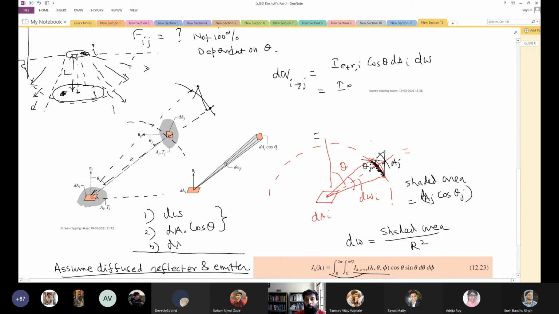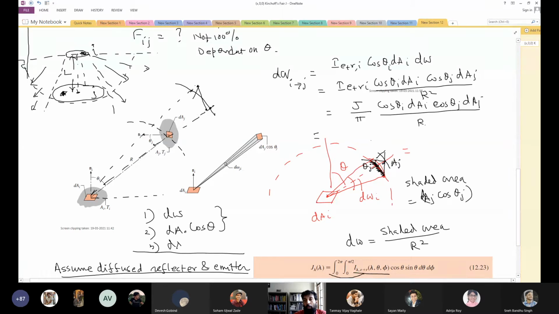Then we wrote dAi, d omega, which we have written as cos theta j dAj divided by r square. Then we wrote it in terms of radiosity, J divided by pi, cos theta i dAi cos theta j dAj over r square.